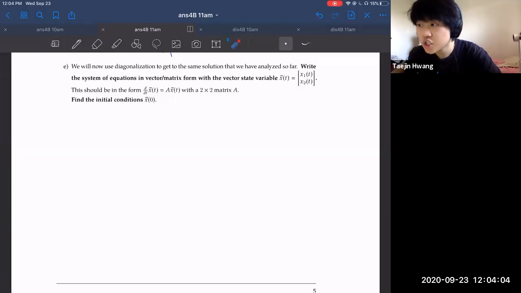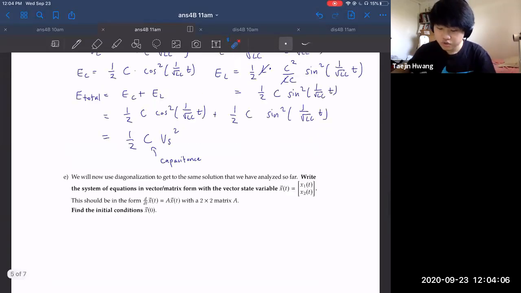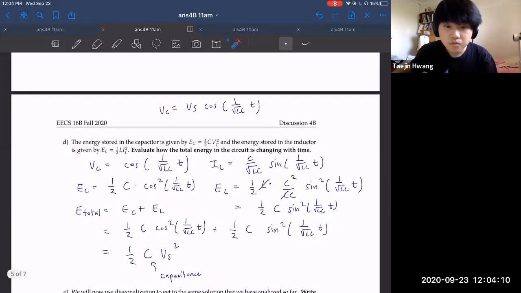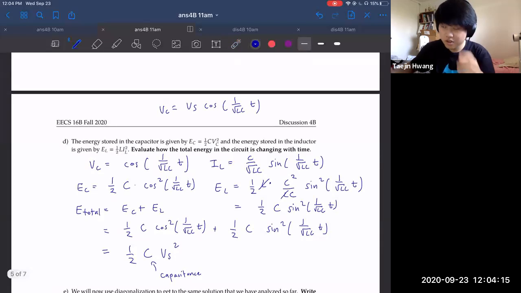What about the charge? The charge of the entire circuit, like Q equals CV.